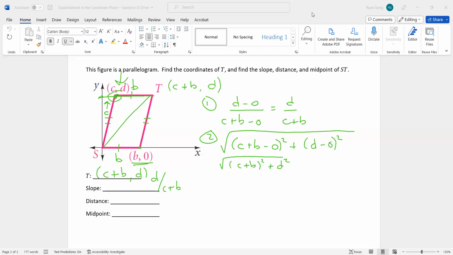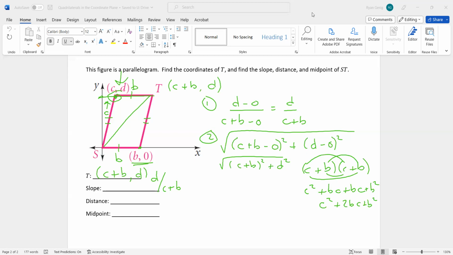Now c plus b squared means c plus b times c plus b. And I have to FOIL that. c times c is c squared. That's bc. That's bc again. And that's b squared. Combine like terms, I get c squared plus 2bc plus b squared.